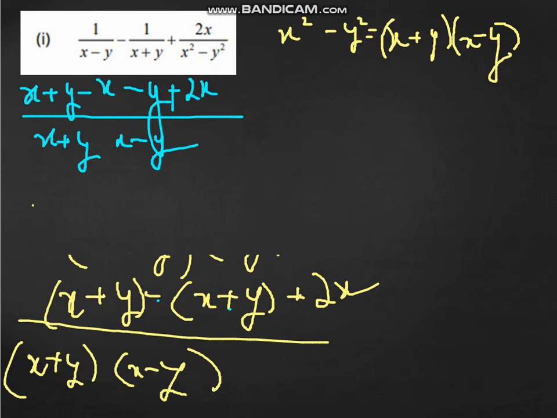Sorry for the ugly handwriting. Okay, now positive x and negative x cancel out, positive y, negative y cancel out. What we got here, we got 2x, and we got x squared minus y squared.